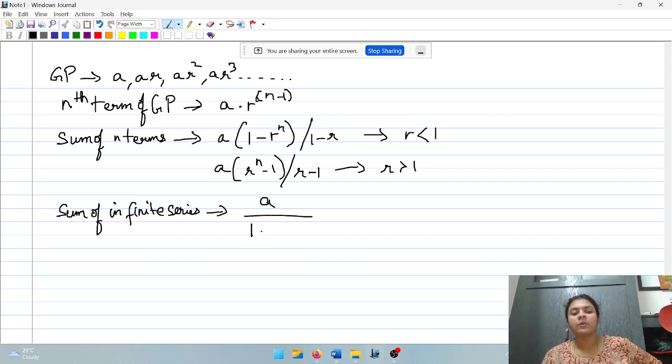A divided by 1 minus R. So this is your sum of infinite series of a GP. So these are the formulae that you will refer for geometric progression. Clear, friends?